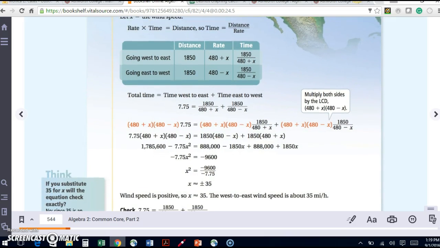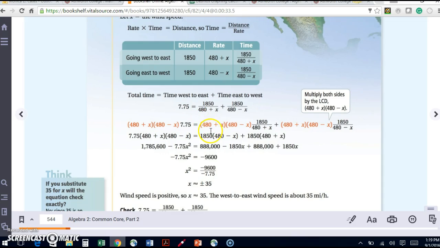And so when we set up our equation, we get 7.75 equals 1850 over 480 plus x plus 1850 over 480 minus x. The least common denominator is 480 plus x and 480 minus x. If I multiply everything by this, I get 480 plus x times 480 minus x times 7.75.